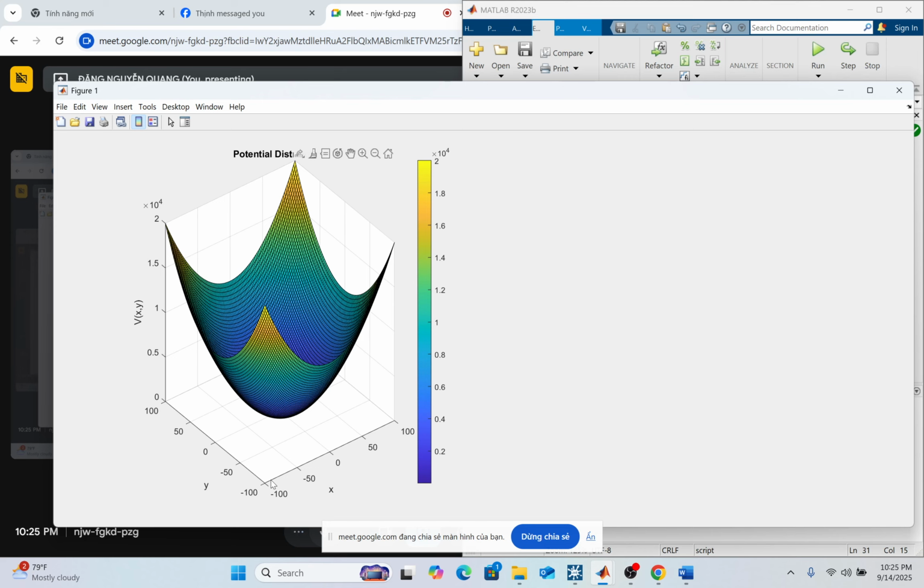I only have even numbers: 2, 4, 6, 8, 10, and the same goes for the y-axis. So that's why I call this discretization. You have to divide your space into grids, and the z-axis here shows the magnitude of your potential field, okay?